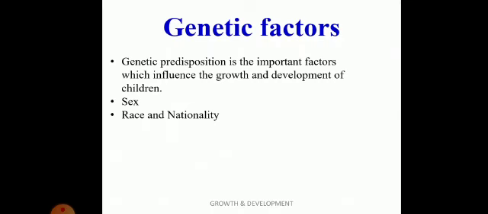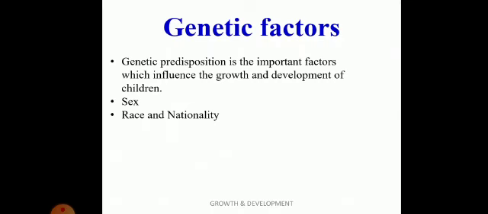Nationality. If you compare an Indian person with an Australian person, definitely we will have less height and weight as compared to Australian people. Why? Because the environment also affects the nation. Even in the same nation, if you go from south to north or north to south, the size of the body will differ.